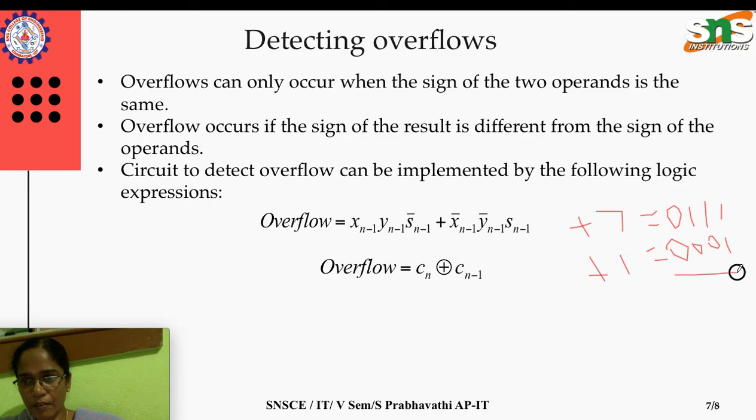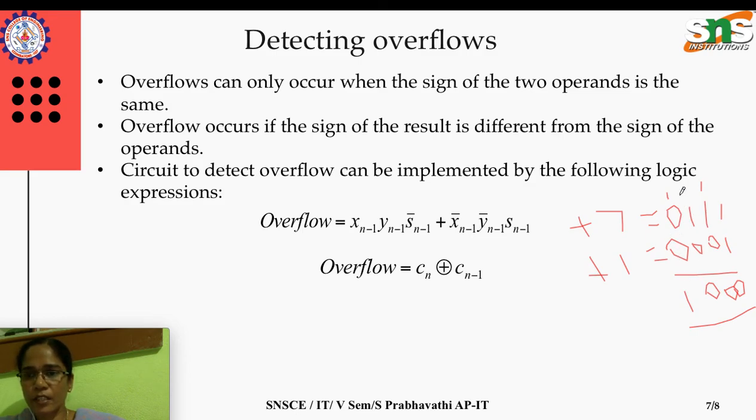When I add, what happens? 1 plus 1 is 0, carry is given. 1 plus 1 is 0, it takes the carry. Then 1 plus 1 is 0, with the carry, and then 0 plus 0 plus the carry is 1. See here, this is 1 0 0 0. So this is not a plus 8 number.